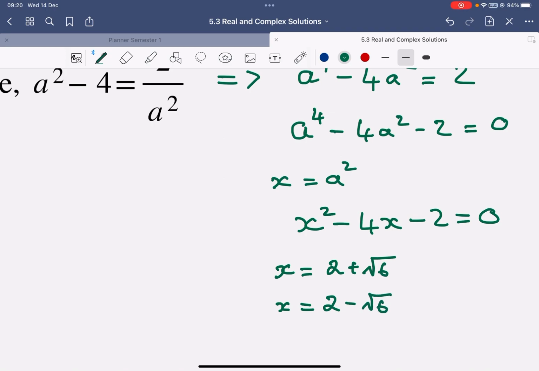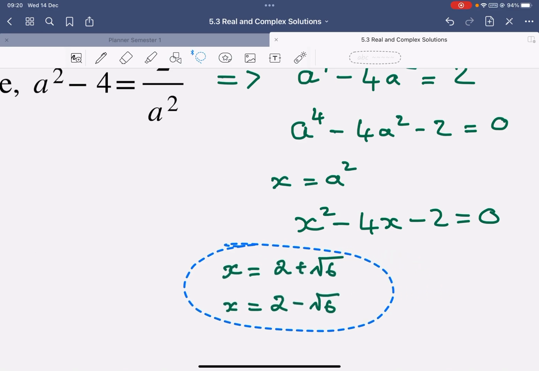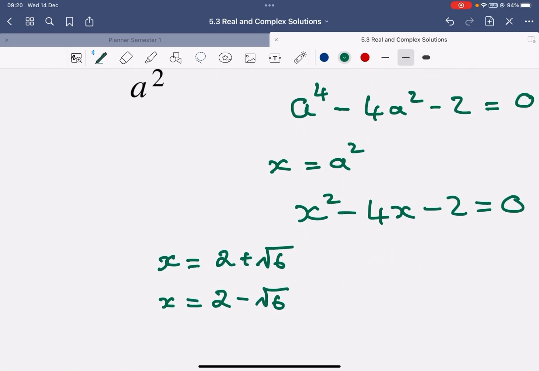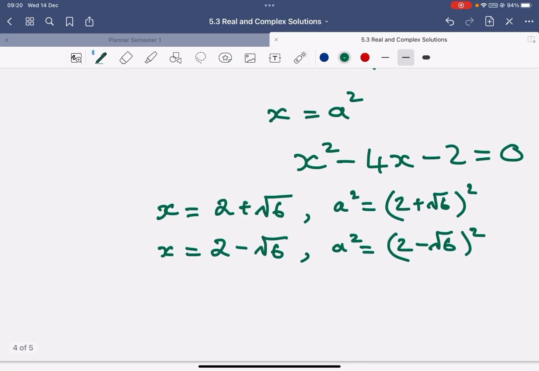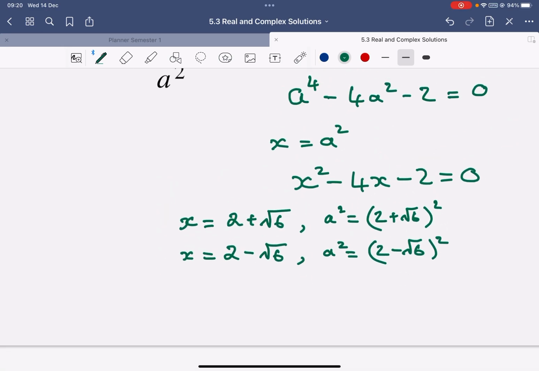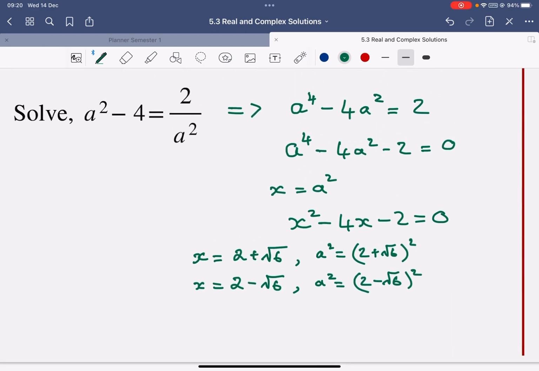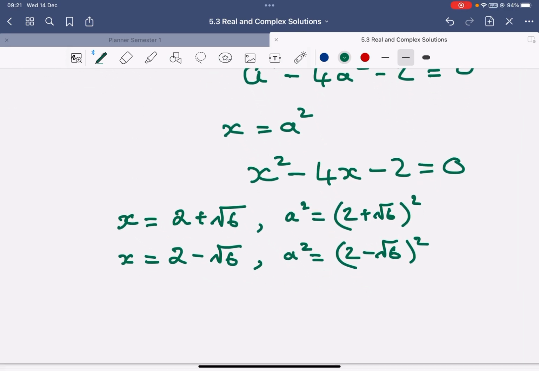I probably could have used the quadratic formula if I was doing a test. So a squared is 2 plus root 6, and a squared is 2 minus root 6. I want to find out what a is now, so I want to square root both sides.